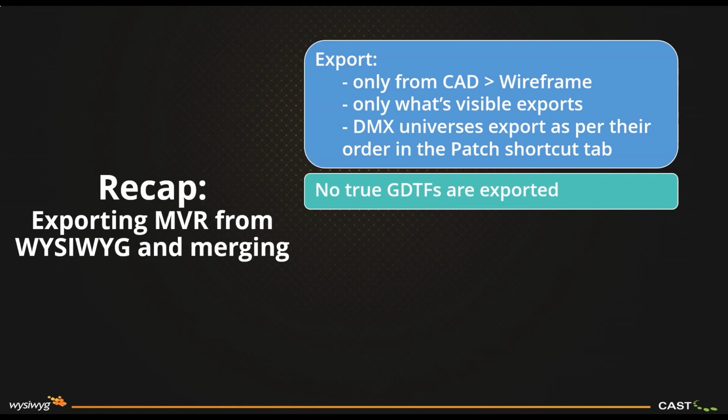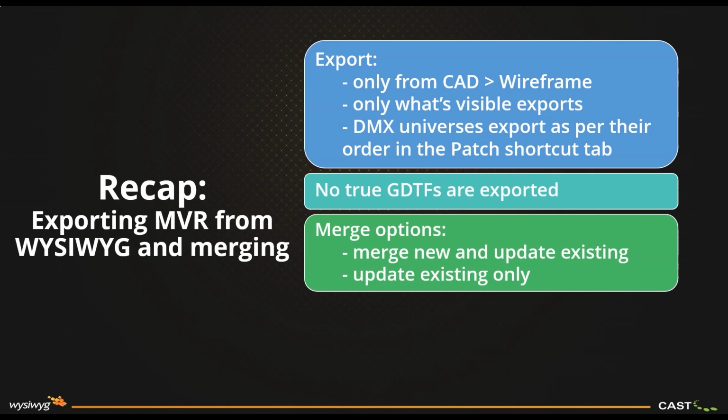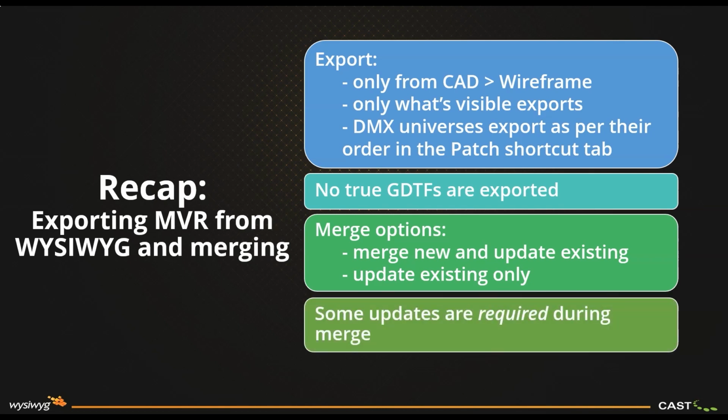When it comes to merging a new version of an MVR into a WYSIWYG file which started from a previous version of that MVR, you can either merge new entities and update existing ones, or only update existing ones. When merging, you have control over some of the entities being merged, but there will almost always be some which must merge as a result of updates in the MVR.